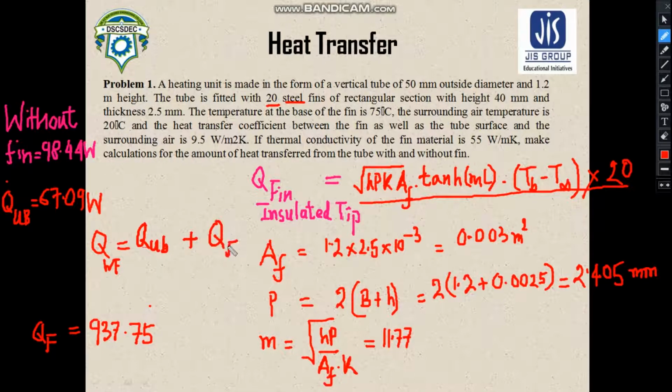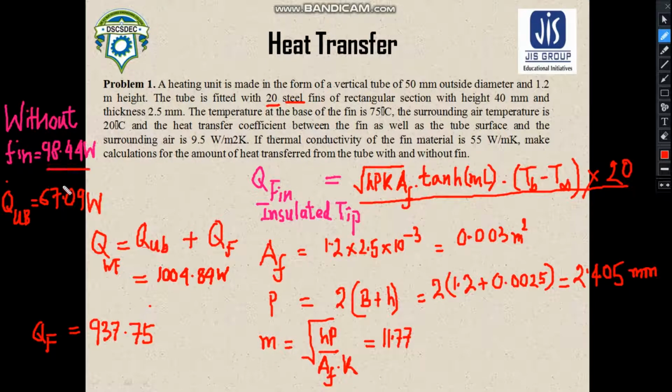That means we can find out the addition of these two factors. So with the application of fins, we can see that the total heat transfer rate becomes 1004.84. That is almost 10 times the heat transfer rate when there was no fin present.